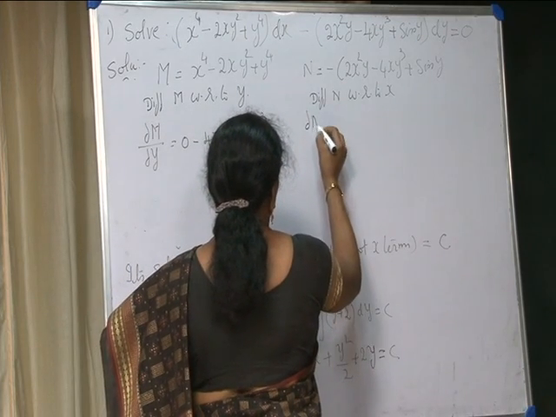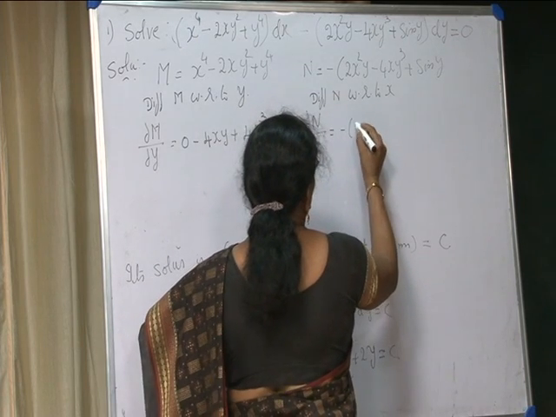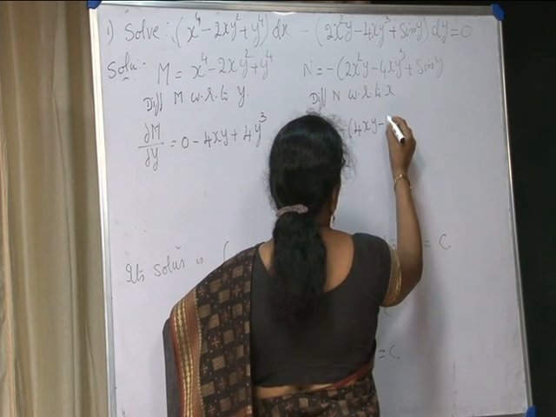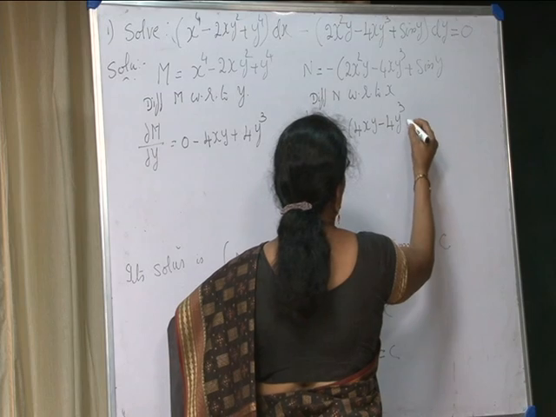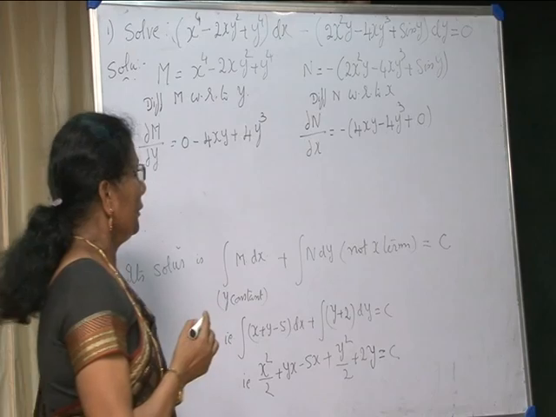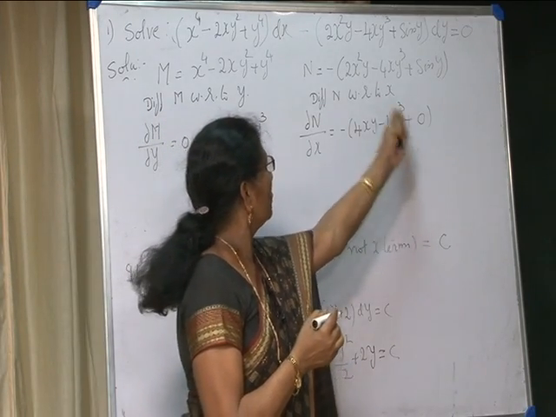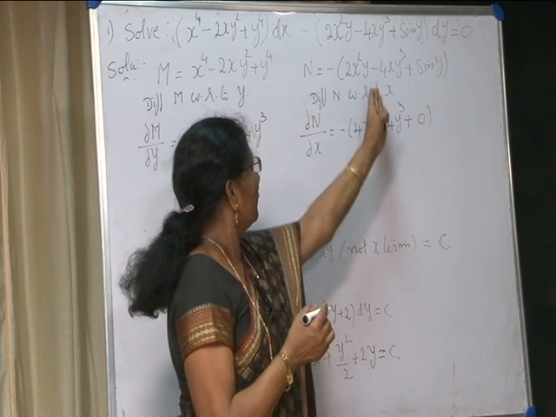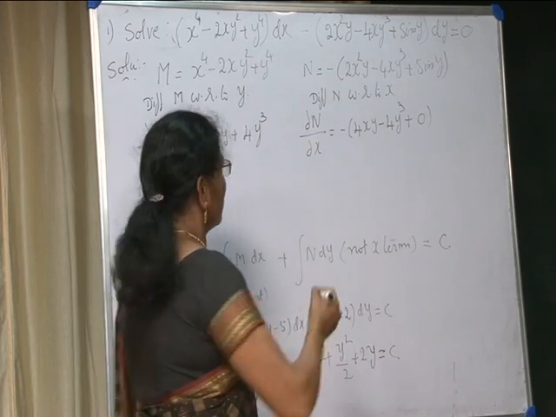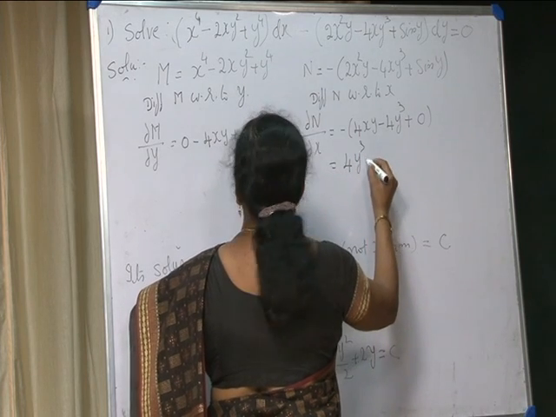Delta N by delta x is minus 4xy minus 4y cube plus 0. Derivative of sin y with respect to x, y is a constant, so it is 0. Derivative of x is 1, so minus 4y cube is there. This is equal to 4y cube minus 4xy.